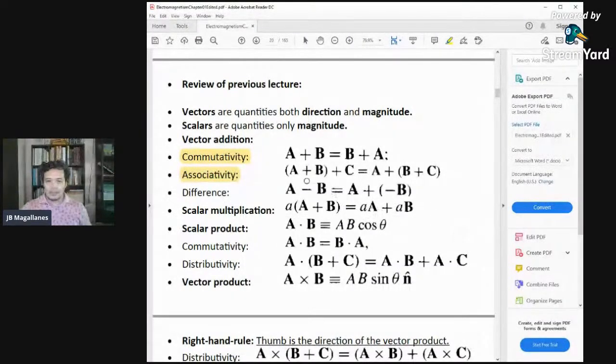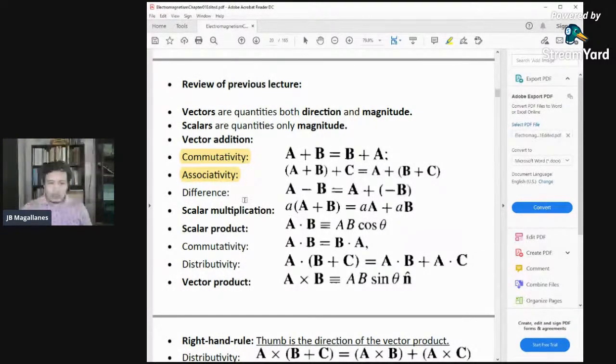meaning that if you add three vectors, you can add the first two first, then add the third one. Or you can add the second and the third first, and then add it to the first vector. It's the same.